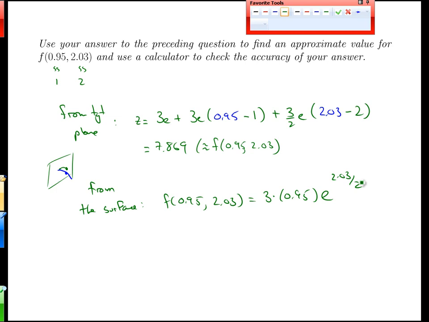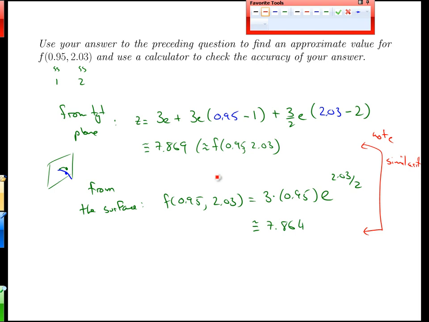A little more complicated calculation here. Certainly not one we could do by hand, so we'll pull out our calculator. 2.03. And that is equal to, again, we're approximating here, we're rounding off, 7.864. Hey, that's pretty close. So we note the similarity here between these two values.